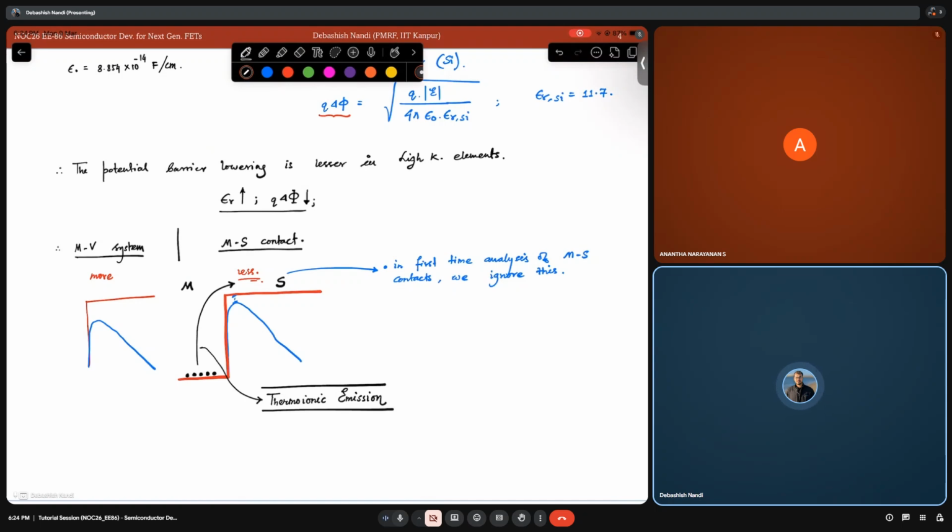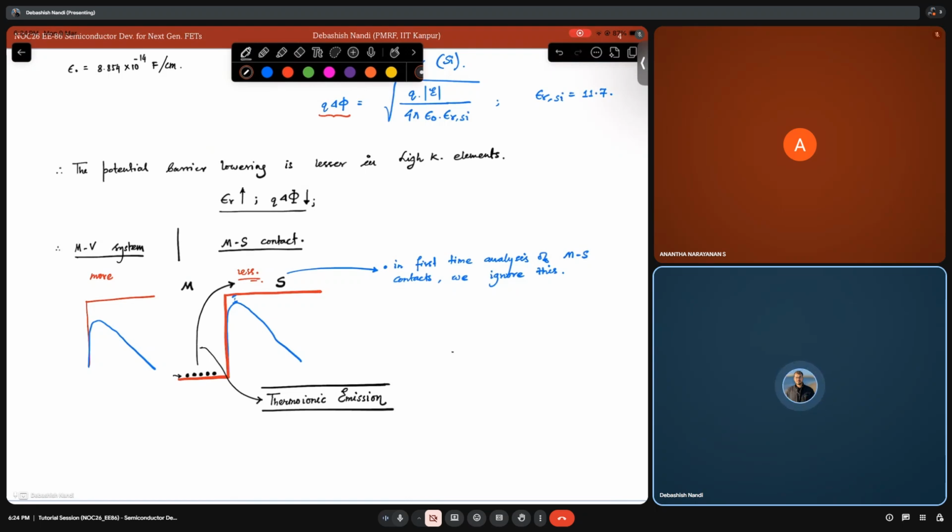We have all discussed this, right? This is a symbolic representation that all the electrons are at this location. However, it will be distributed over the energy. So this is thermionic emission. Now, how will thermionic emission depend on this?